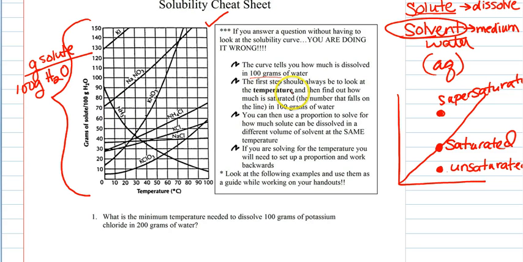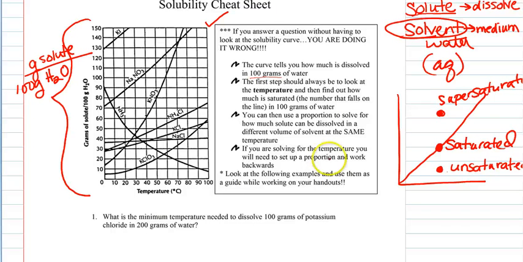The first step, looking at temperature, and then find out how much is saturated, the number that falls on the line in 100 grams of water. You can then use a proportion to solve for how much solute can be dissolved in a different volume of solvent at the same temperature. So again, make sure you look at your table, find out how much is dissolved in 100 grams at that temperature before you move on.